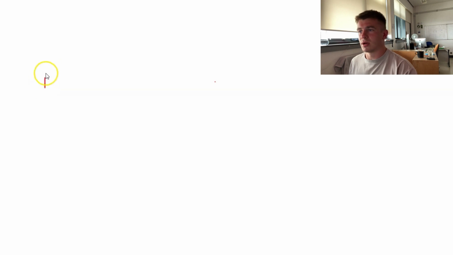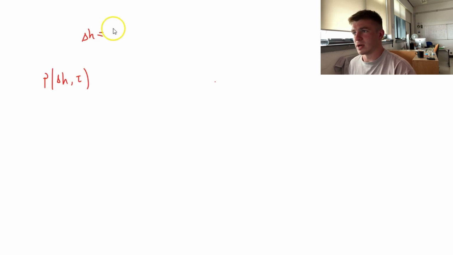Okay, so we've now got our definition of the probability distribution for delta h at time t, where delta h is going to be what we define as the amount of heat exchanged between the system and the environment.